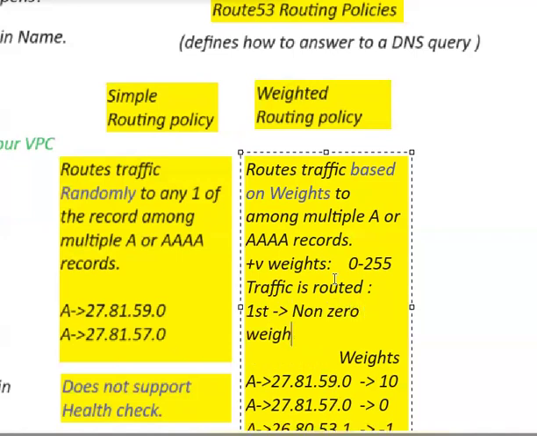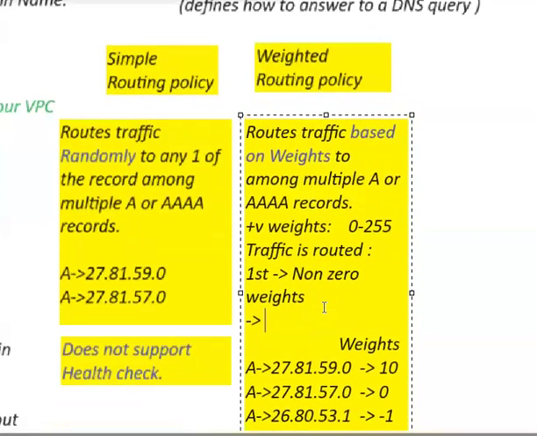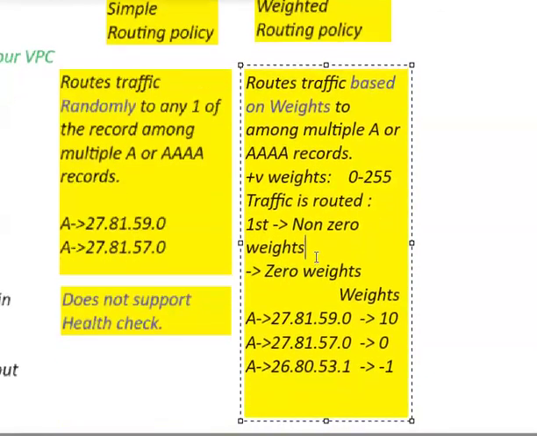If there are no non-zero weights, then only it will route to zero weights. Otherwise it won't. Now you can see how traffic is routed among non-zero weights.